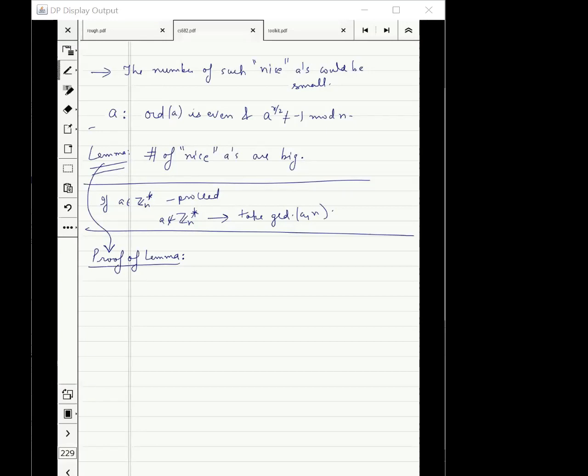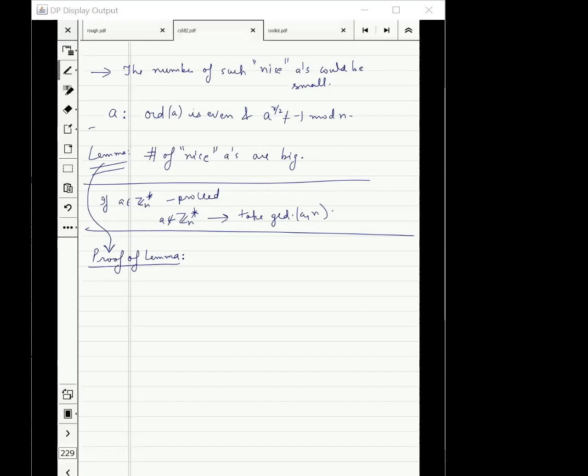Okay. So the proof of this lemma actually is not easy. It requires a lot of properties of number theory. I don't want to go into all the details, but I want to give you some idea of how it works.